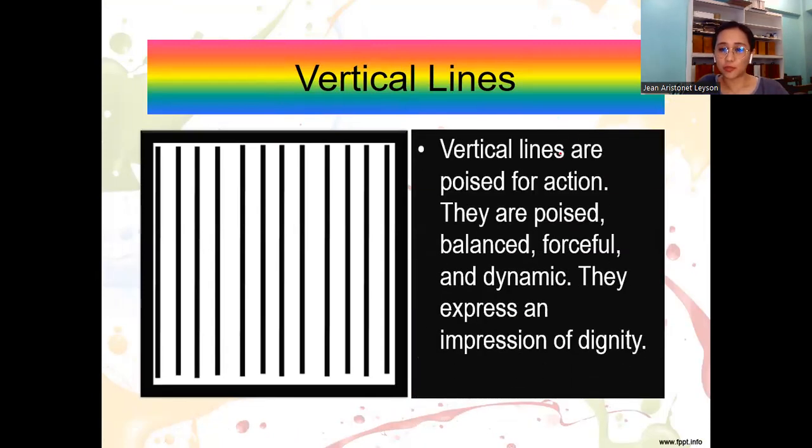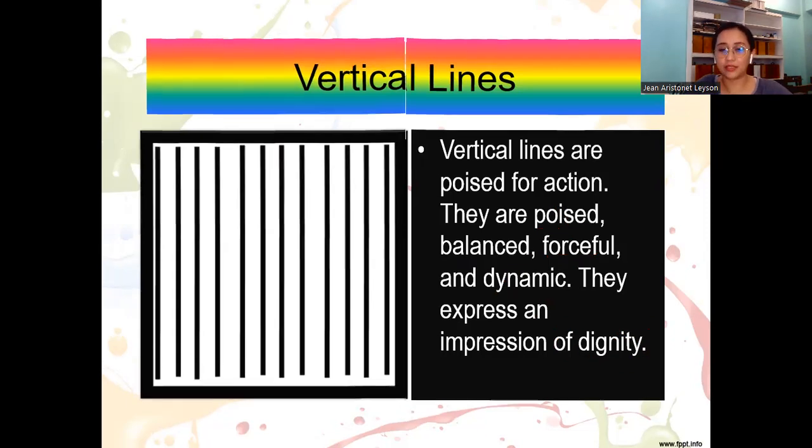Vertical lines are poised for action. They are poised, balanced, forceful, and dynamic. They express an impression of dignity. So the next time you see vertical lines, you will know what those lines would mean.